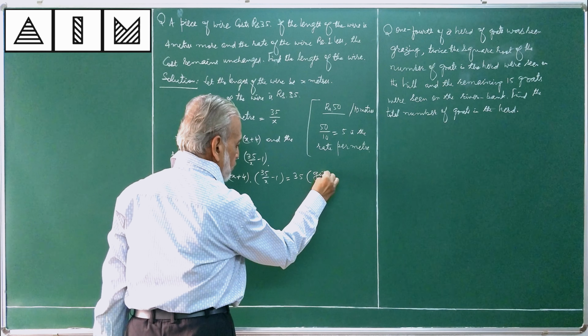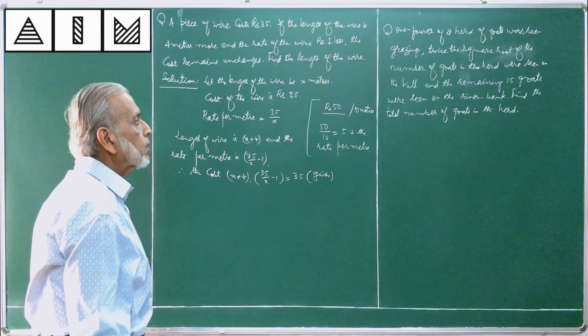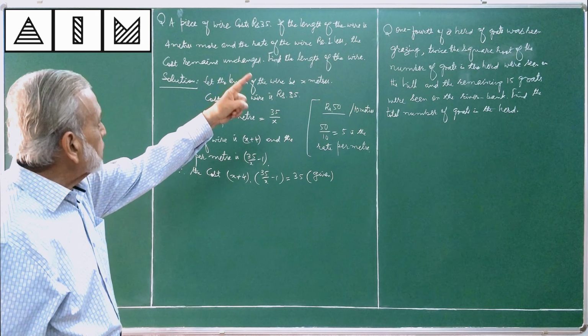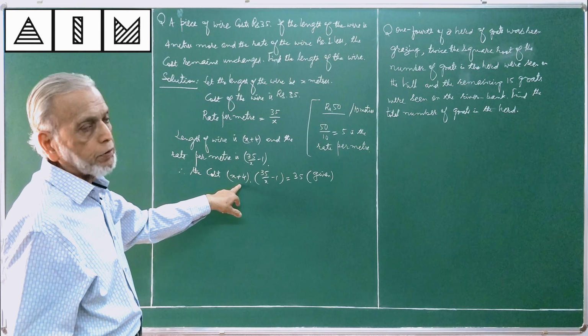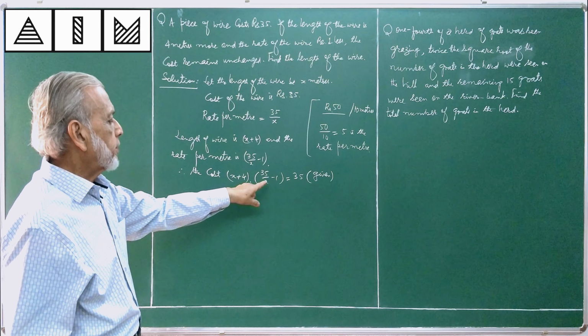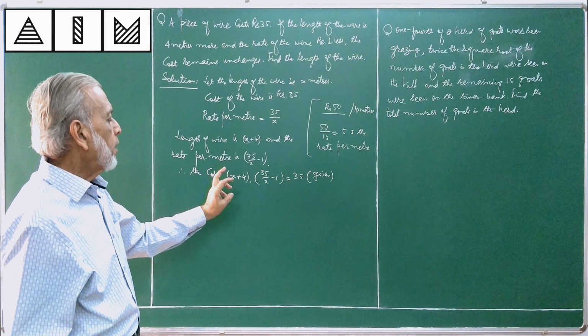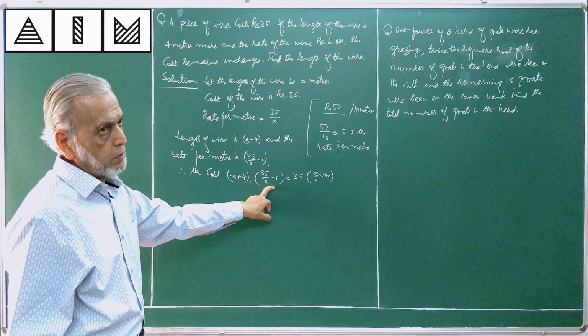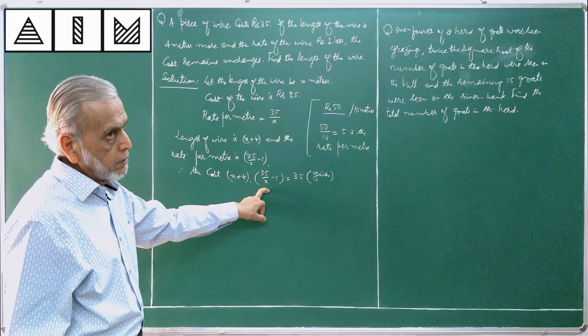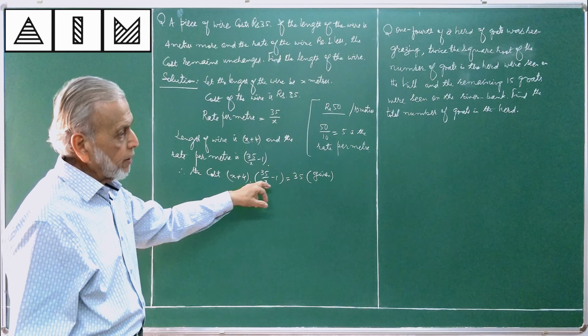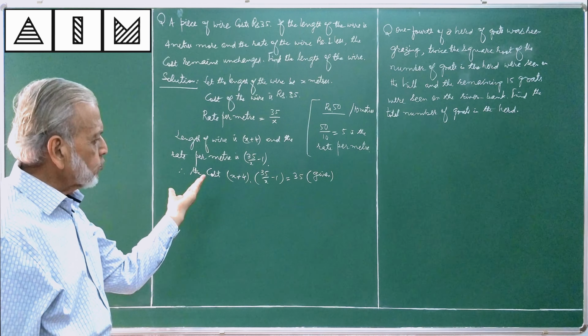Understand the language of the question clearly. If the length of the wire had been 4 meters more and the rate had been 1 rupee less, the cost would have been length into rate. Length into rate. Question says the cost would remain the same, 35. We have to solve this equation now.